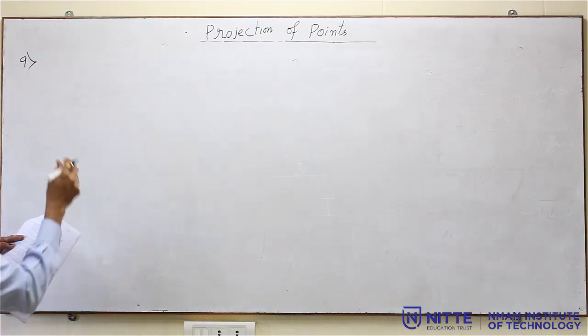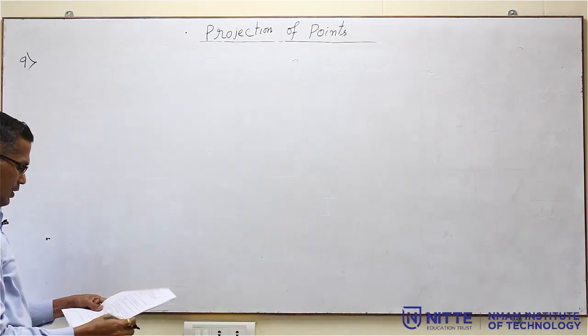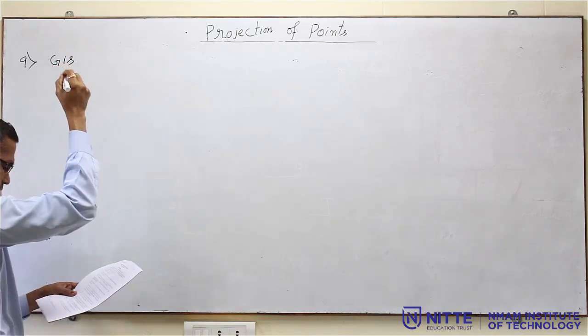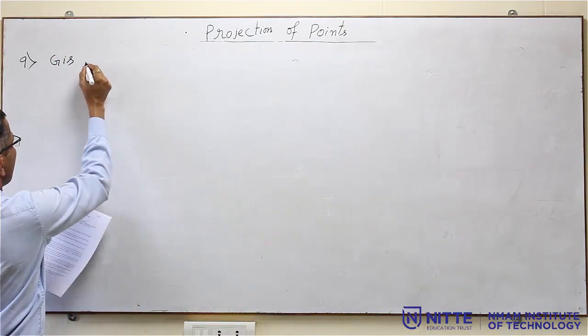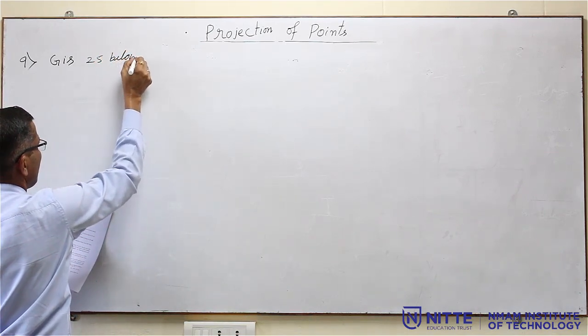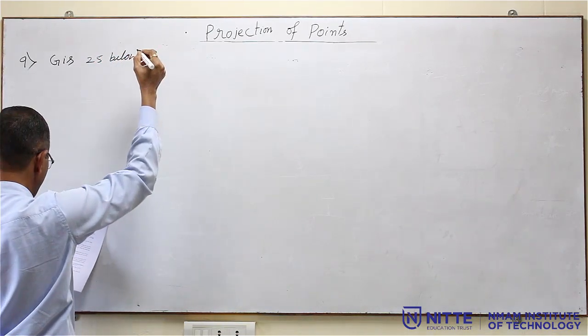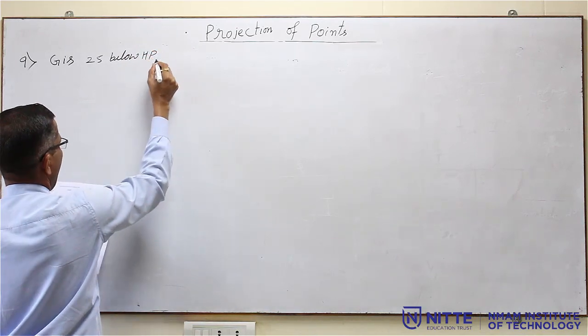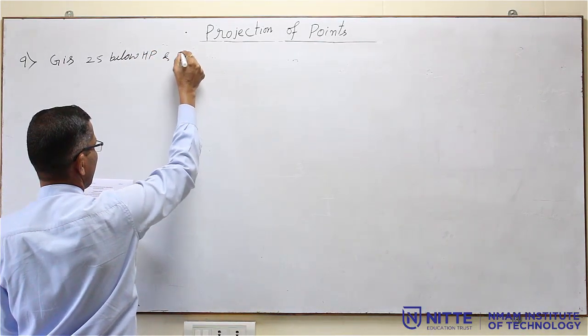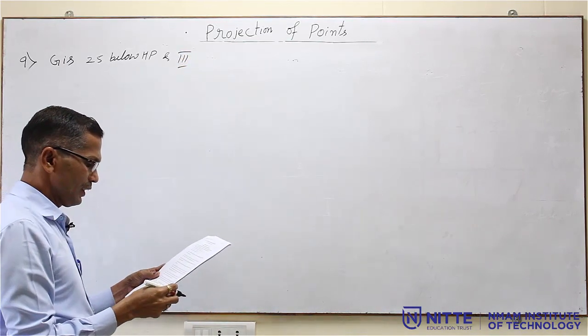A point G is 25 mm below HP, and situated in third quadrant.